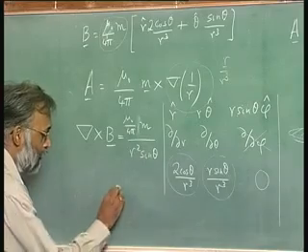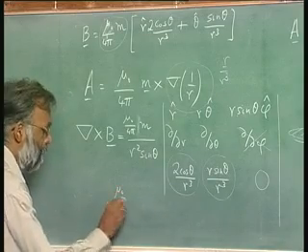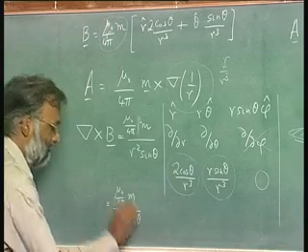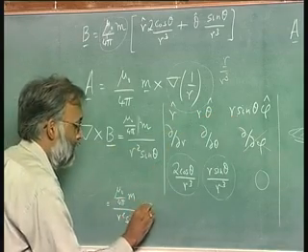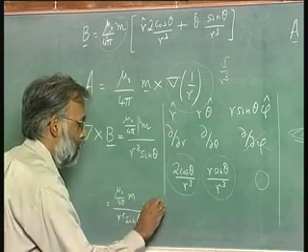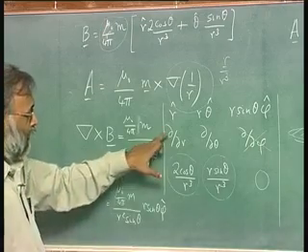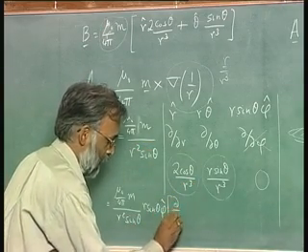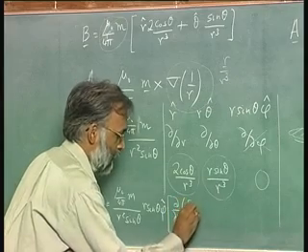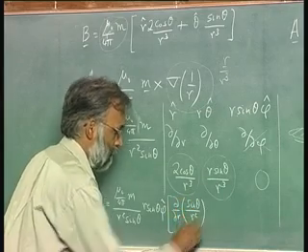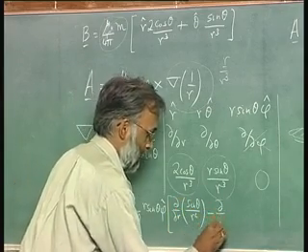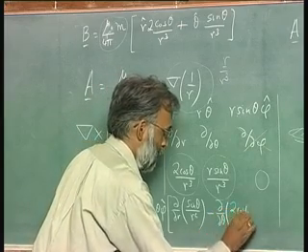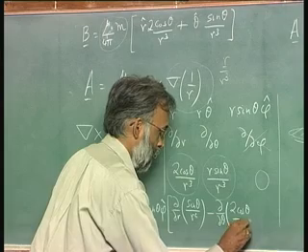So, it is equal to mu naught over 4 pi m over r squared sin theta times r sin theta times phi hat, and then you have these two terms, which is del del r of sin theta over r squared minus del del theta of twice cos theta divided by r cubed.